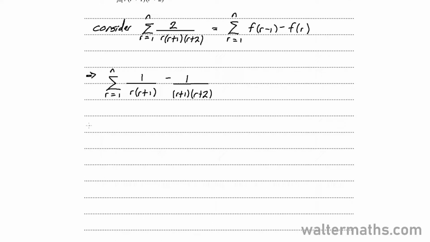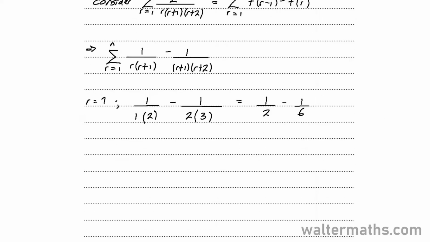When r is equal to 1, we're substituting 1 for r. So that will be 1 over 1 of 1 plus 1, which is 2, and that's going to be minus 1 over 2 of 1 plus 2, which is 3. So basically this is 1 over 2 minus 1 over 6.